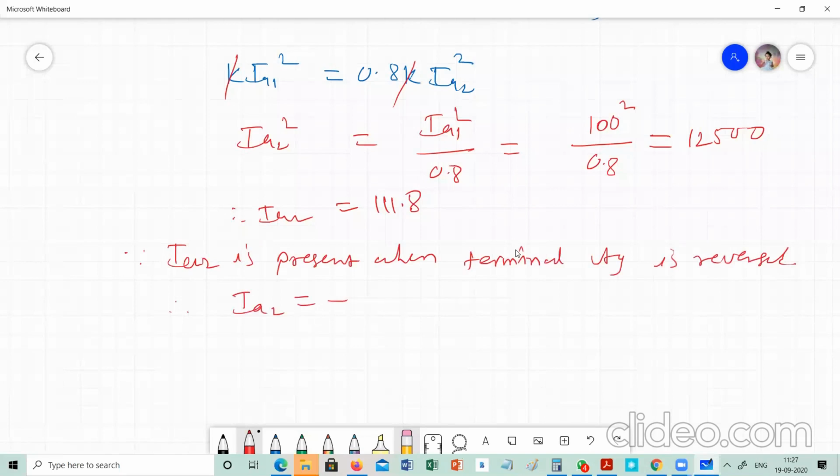It will also reverse. So IA2 is equal to minus 111.8 ampere. हे कळालं का असं मायनस साइन का टाकलं ते. कारण आपण दुसऱ्या केस मध्ये टर्मिनल व्होल्टेज रिव्हर्स केले. जर टर्मिनल्स रिव्हर्स केले असते तर ऑब्विसली करंट सुद्धा निगेटिव्ह रिव्हर्स होणार.